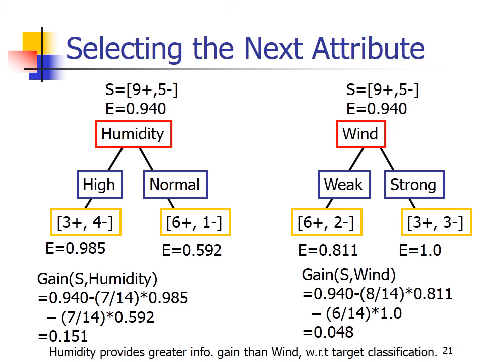You can see here is 3 plus 4 minus. Entropy is 0.985 and information gain is 0.151. It is having higher information gain when compared to wind. So humidity takes the second internal node and wind takes the one after that.